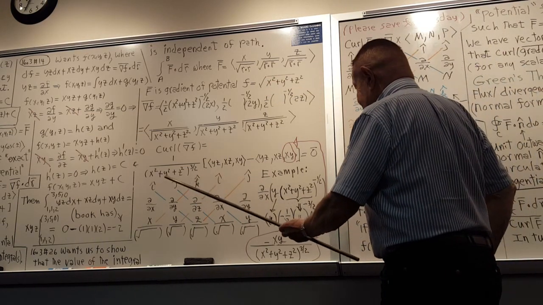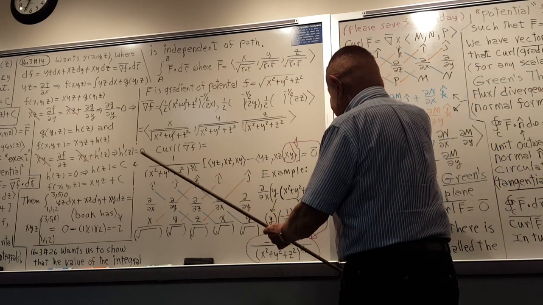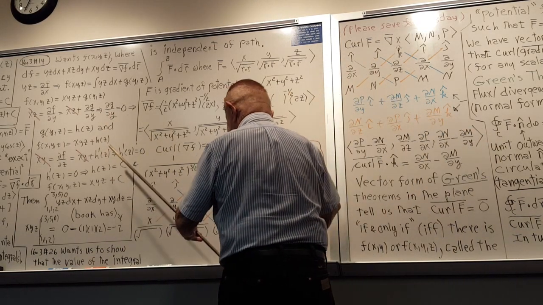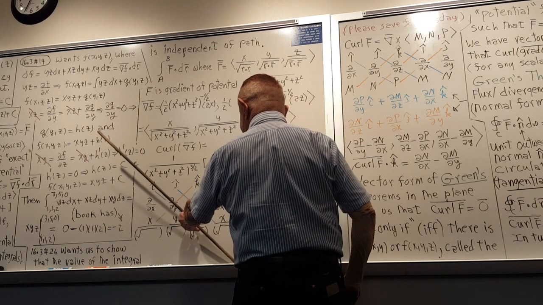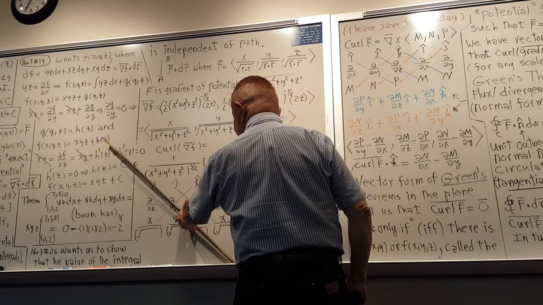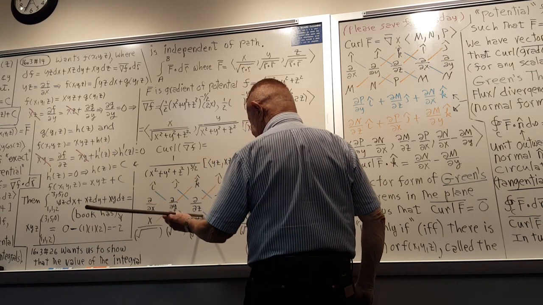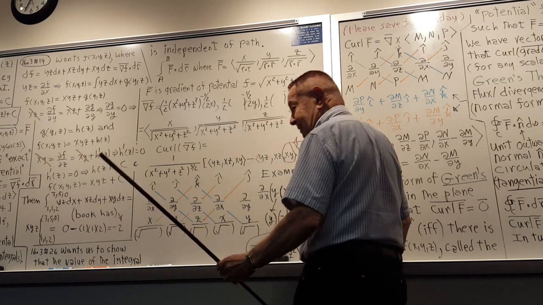So look at, for example, this one, where I have an i component, partial with y and then z over the square root.